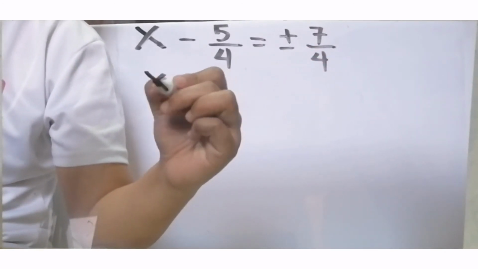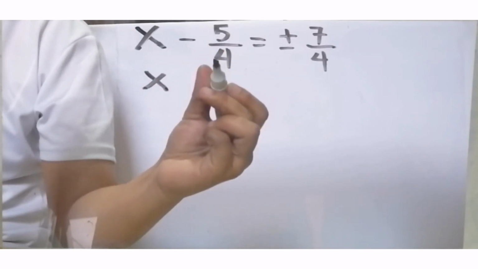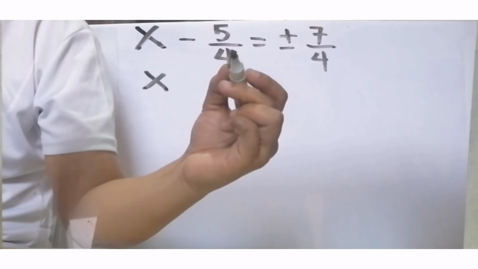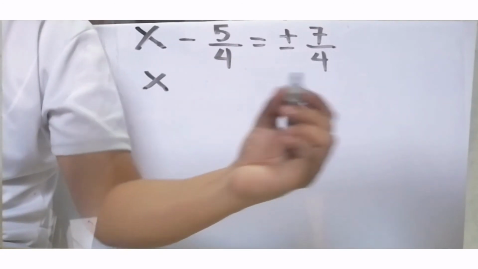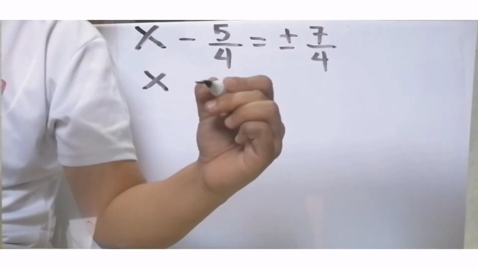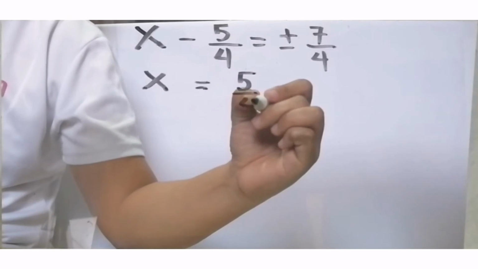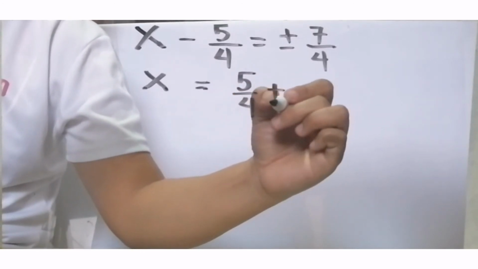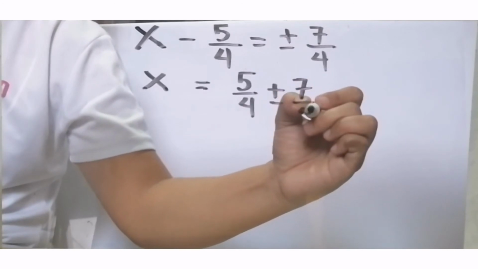So, by addition property of equality, ilipat natin si negative 5 over 4. Kasi mag-a-add tayo ng positive 5 over 4 at positive 5 over 4 sa kabila. So, makakancel out ito. Magiging x equals positive 5 over 4 plus minus 7 over 4.